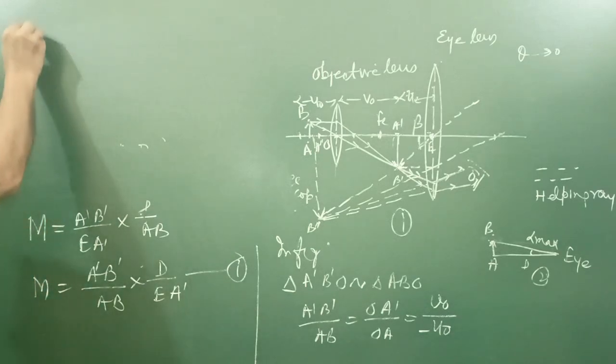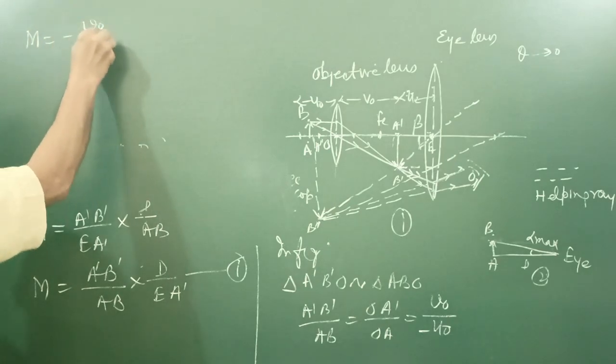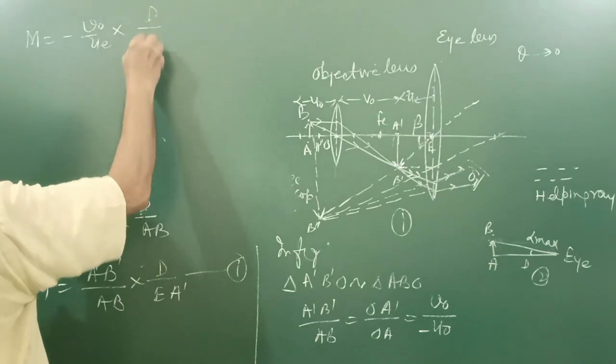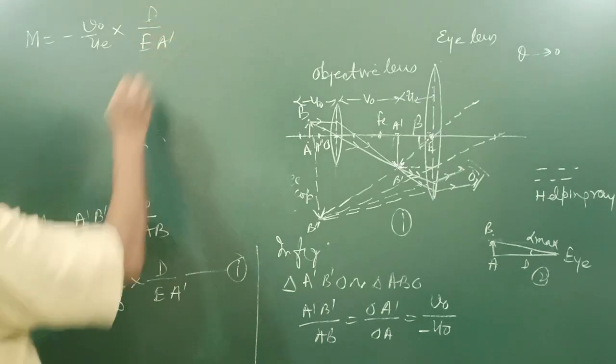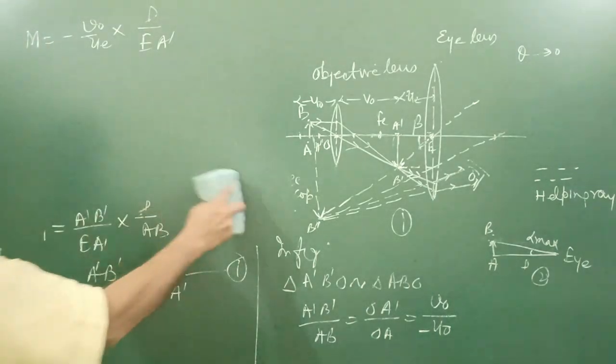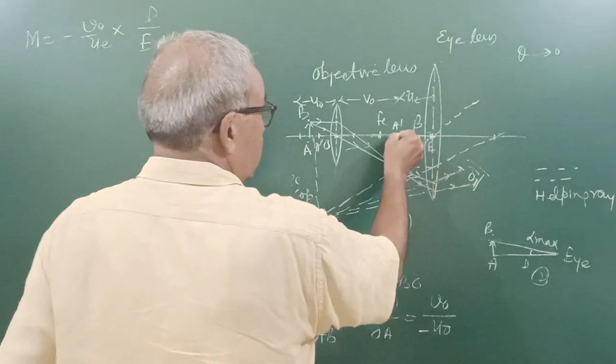Now here U and B are treated as known values, and therefore putting this value in equation 1, we get M is equal to minus BO over UO into D upon E A dash. What is E A dash? That is minus UE.